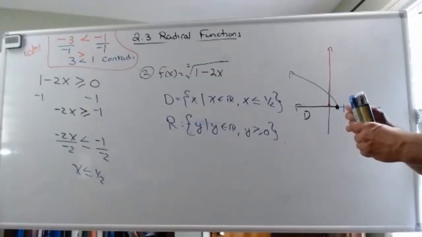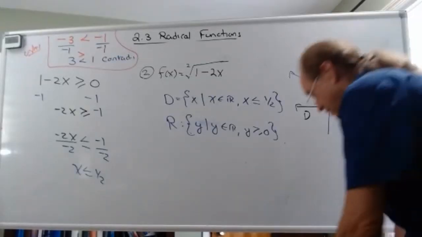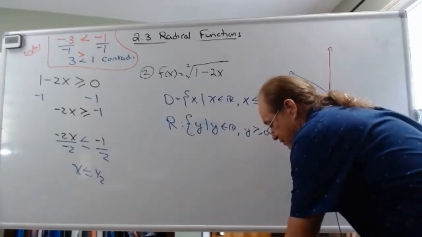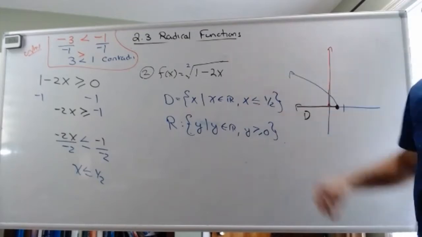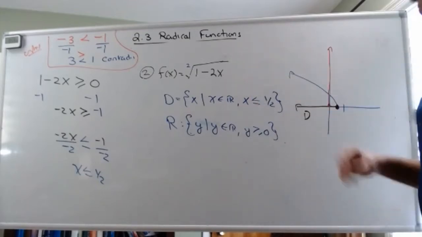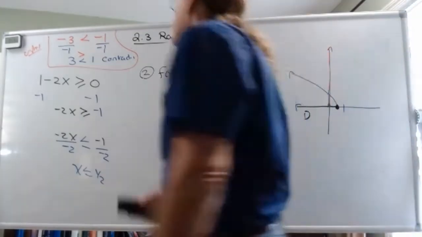The range is all the y values, so y goes from here all the way up to plus infinity. Okay, so that's a linear expression under the radicand. Let's take a look at a slightly more complicated one.